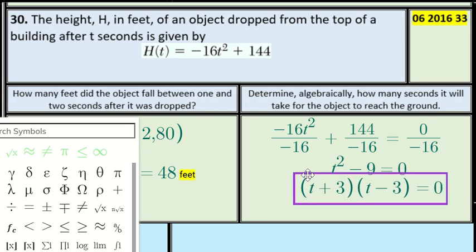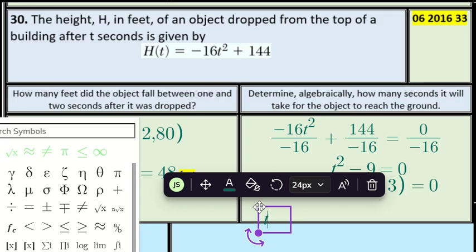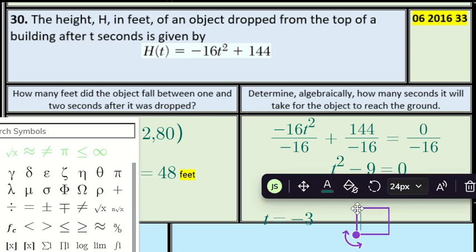And here, my last step, I can actually do inside opposite. So I can say that t equals negative 3 or t equals 3.